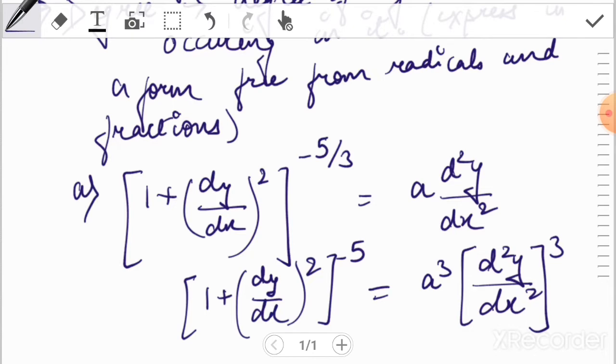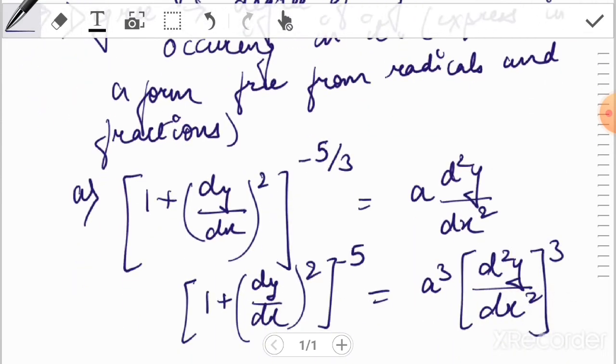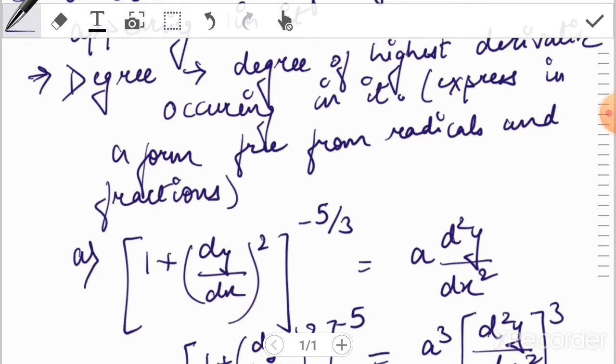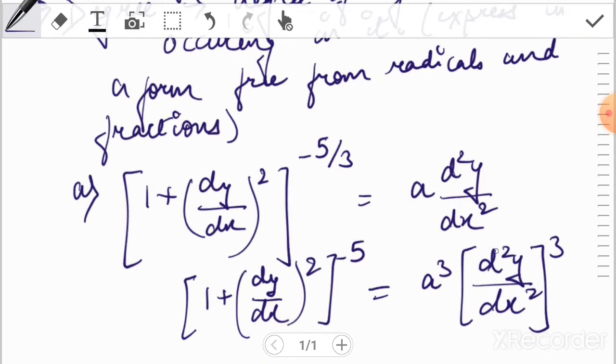Now, since the highest derivative is d square y by dx square, the highest order derivative is 2, hence the order is 2. The degree of this highest derivative is 3.